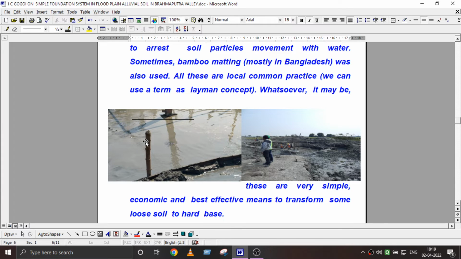This may be those two photographs. You see, this is a soil slide, soil slope slip, and here this foundation soil has transformed to quick state.